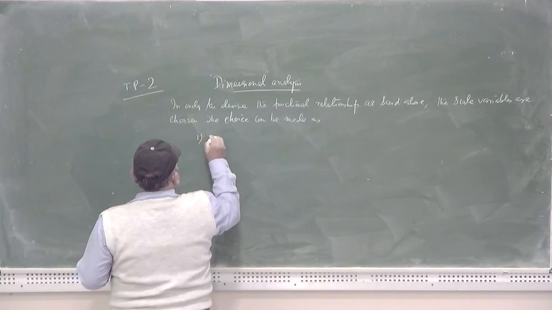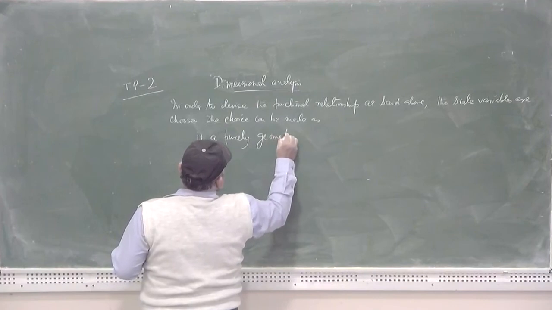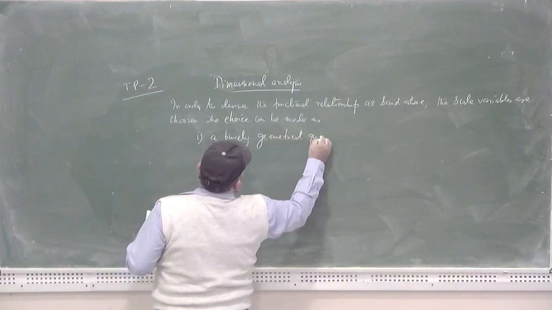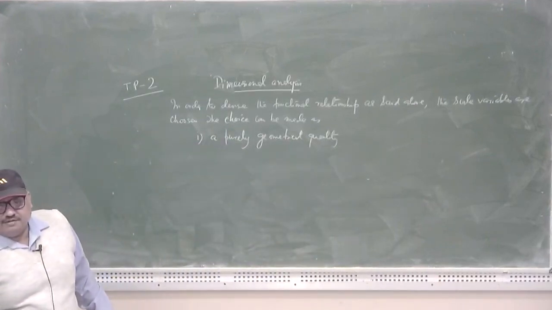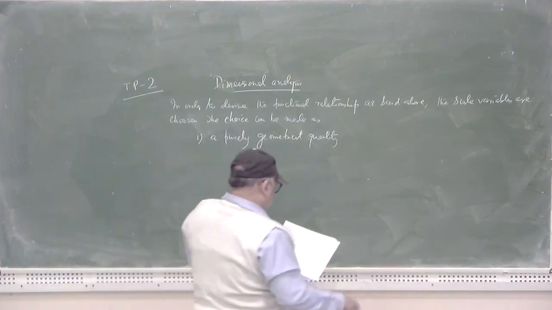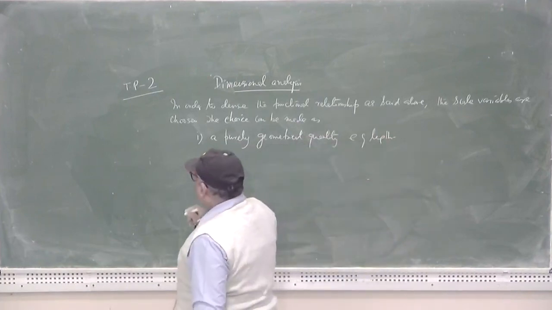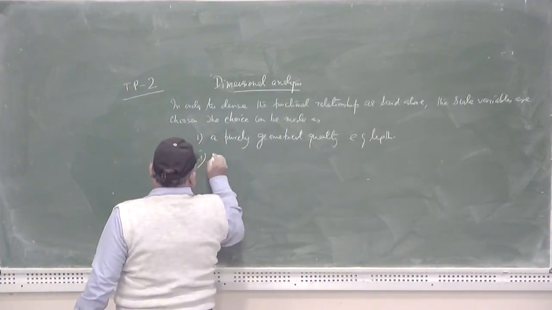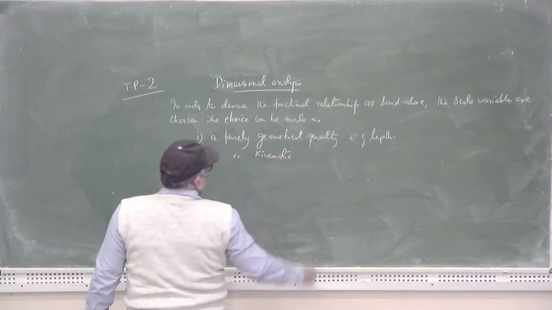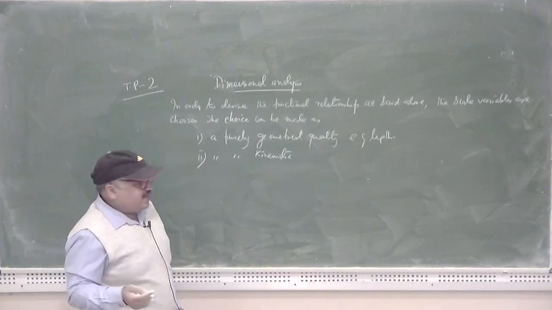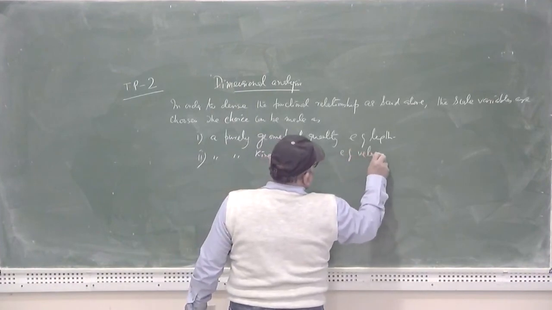Number 1, a purely geometrical quantity, may be length. Second one is a purely kinematic quantity, where there is no involvement of force, for example velocity.